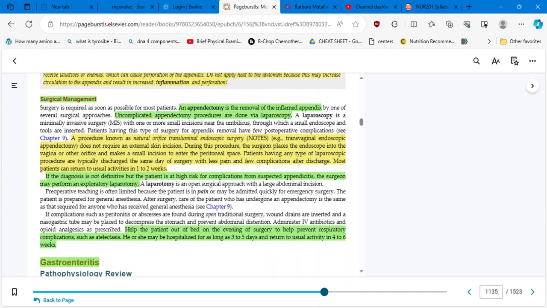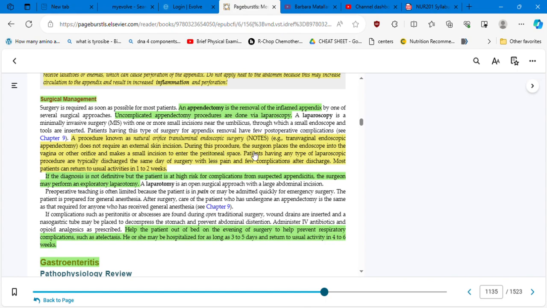Surgical management. An appendectomy is a removal of an inflamed appendix. Uncomplicated appendectomy procedures are done via laparoscopy. It's a minimally invasive surgery. A procedure known as natural orifice transluminal endoscopic surgery, NOTES, transvaginal endoscopic appendectomy, does not require an external skin excision.